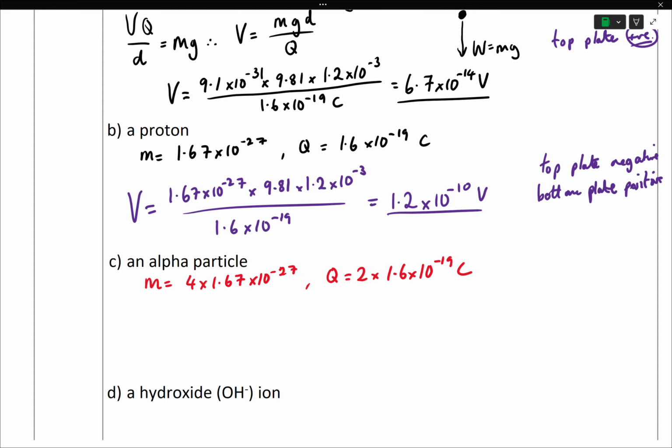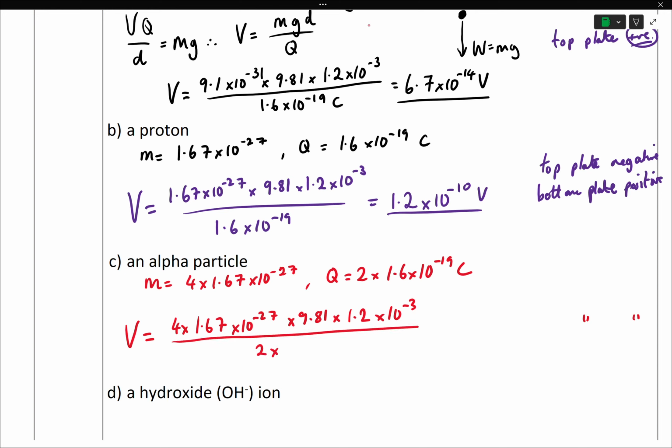In terms of the plates, we're going to want them the same way round because this is also positive. So V should equal 4 times 1.67 times 10 to the minus 27 times 9.81 times 1.2 times 10 to the minus 3 meters for the separation over 2 times 1.6 times 10 to the minus 19 coulombs.